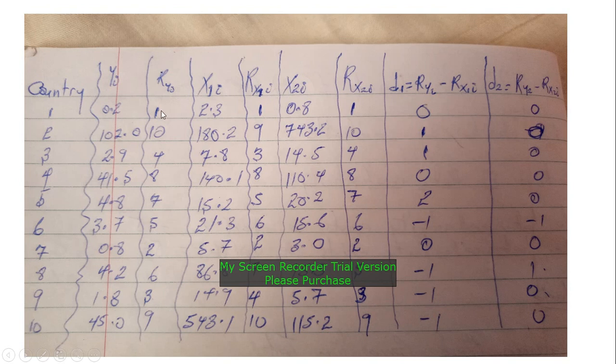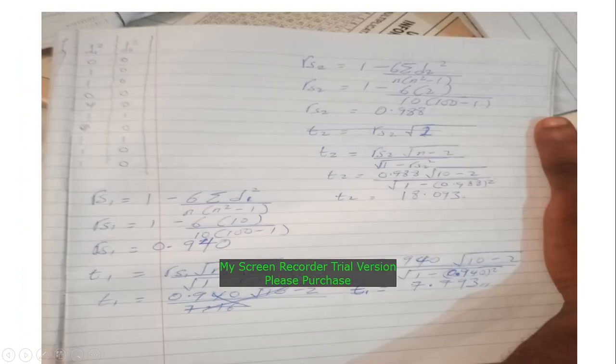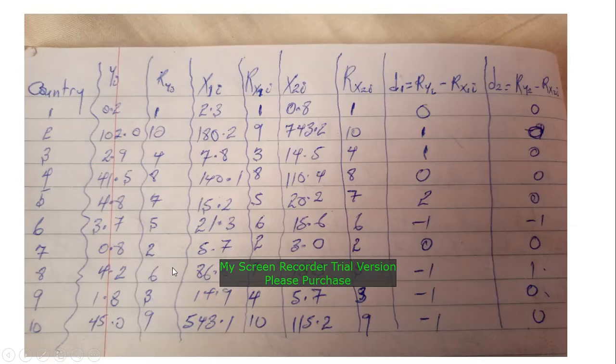The first one, 1 minus 1 gives me 0, 10 minus 10 gives 0, 1 minus 1 gave me 0, 10 minus 1 gave me 1, 4 minus 3 gave me 1, 8 minus 8 gave me 0, 7 minus 5 gave me 2, then 5 minus 6 gave me negative 1, 2 minus 2 is 0, 6 minus 7 negative 1, 3 minus 4 negative 1, 9 minus 10 also negative 1.